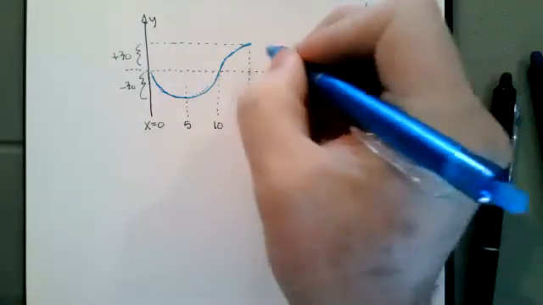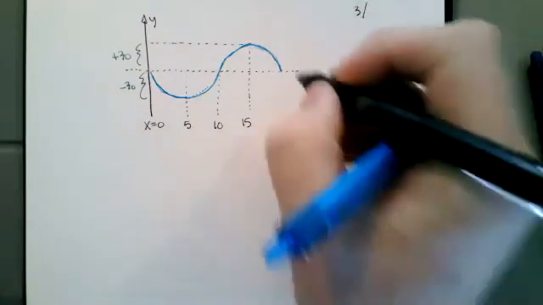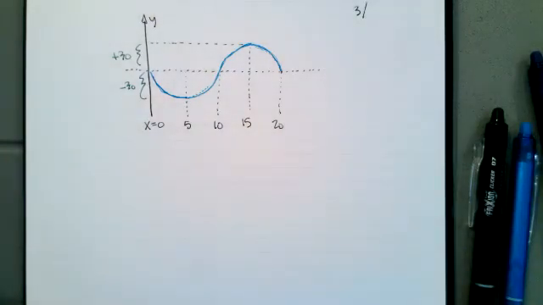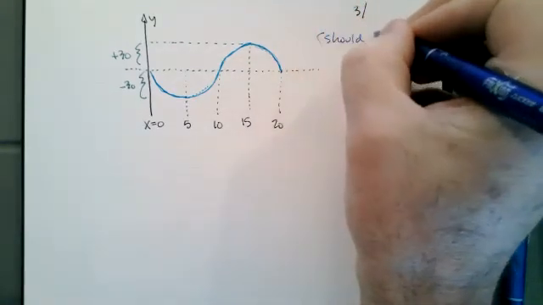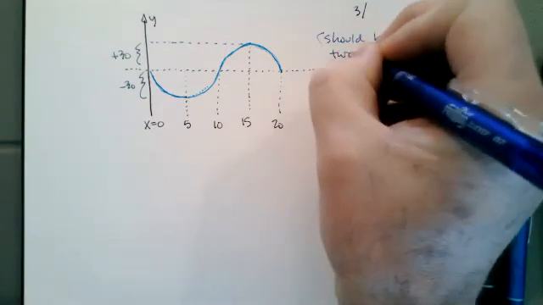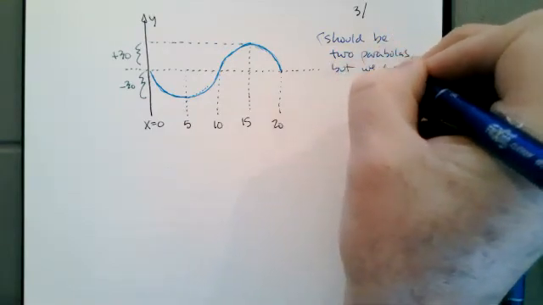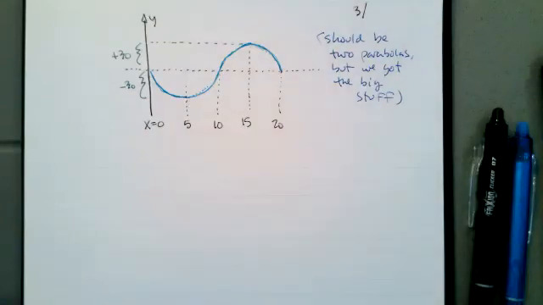And then from 15 to 20, it'll get back to where we started. In this case, the graph should be two parabolas, and I drew it looking like two circles. So it should be two parabolas.